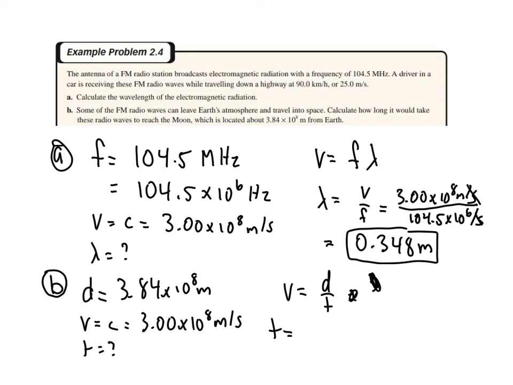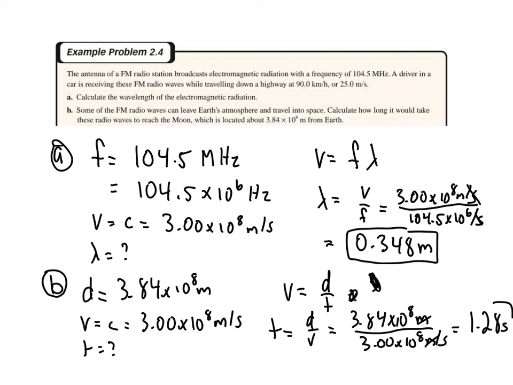So T is going to equal D over V, which is going to equal 3.84 times 10 to the 8 meters divided by 3.00 times 10 to the 8 meters per second. And we are left here with 1.28 seconds. Now, why is that important, or why is that interesting?